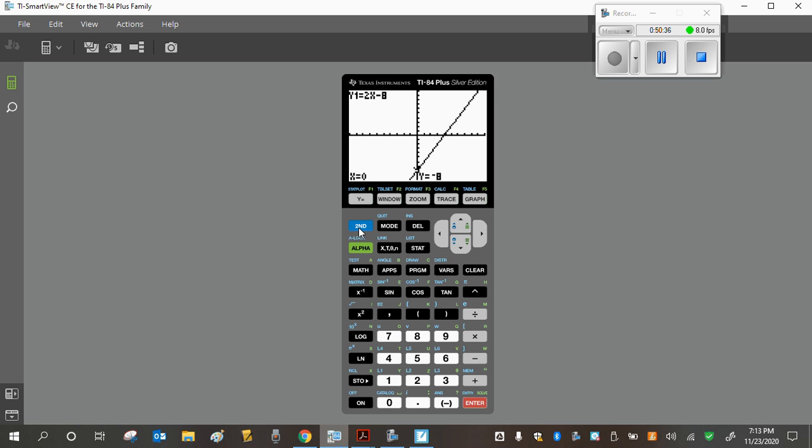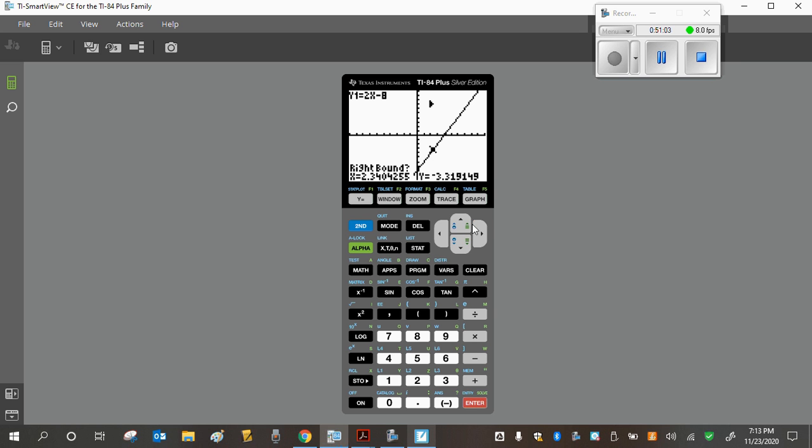Now for the x-intercept, it's second calculate, zero. The x-intercept's known as zeros of the function, so you press enter, and then you go left of it. Now don't fool around with this y-intercept. I want the x-intercept where my white arrow is. So I go to the left of it, which in this case is below it.